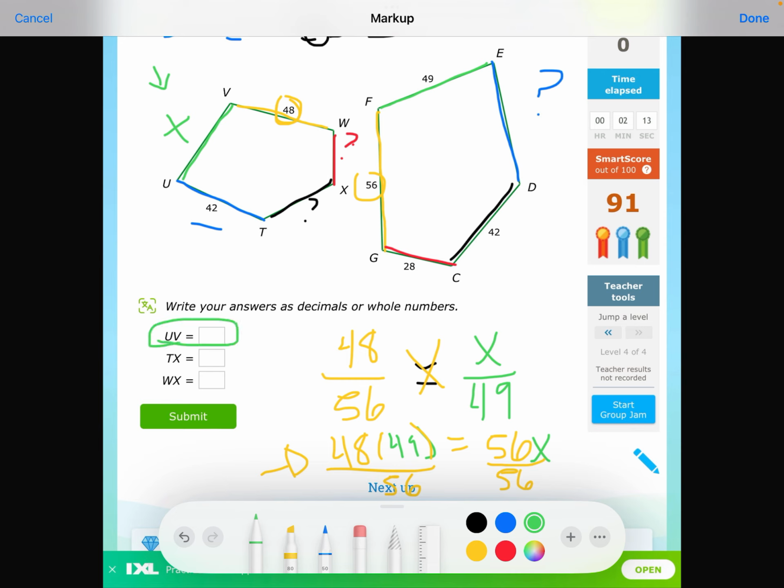So I'll do that real fast so you get an answer. And then I'll just show you how to set up the other two so you know how to do your setups. So let's see. 48 times 49 divided by 56.